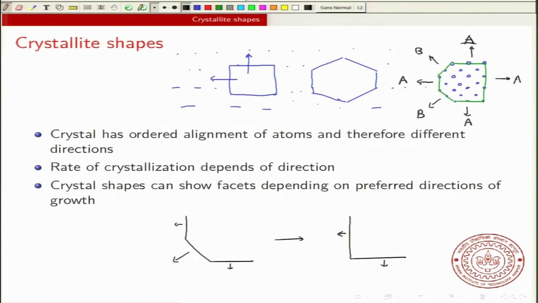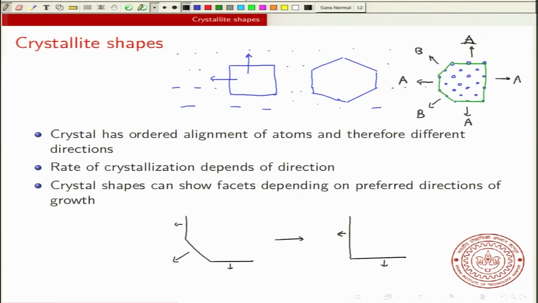So the final shape of the crystal that you get, or the crystallite, depends on which directions the growth is fast and which direction the growth is slow. So this particular phenomenon where, when you grow this crystallite, you see only certain phases, you do not see all the phases of the crystal.